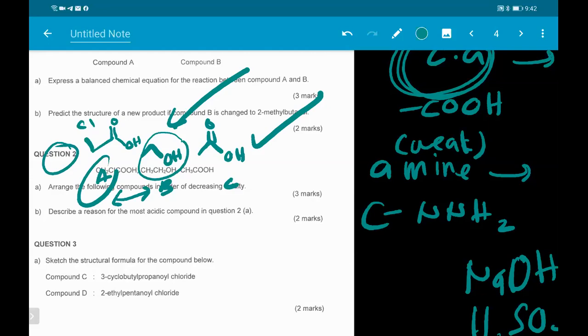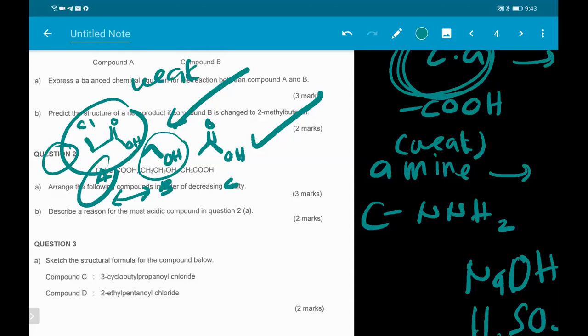Tapi kena faham, walaupun dia strongest, dia strongest dalam kumpulan dia sahaja. If we compare it with other inorganic acid, macam sulfuric acid, nitric acid, carboxylic acid is only a weak acid. Saya takut nanti sekejap kuat, sekejap lemah.